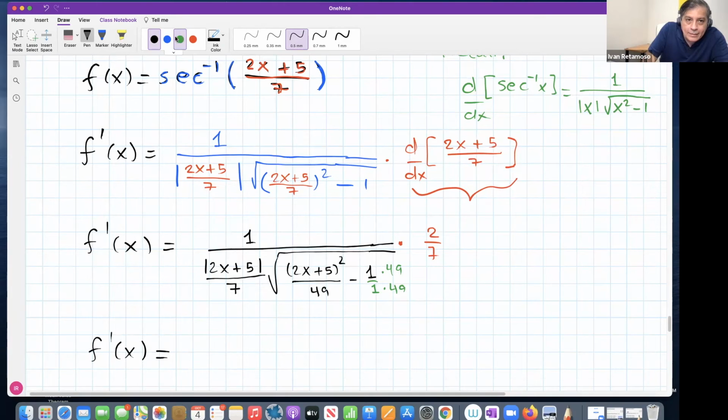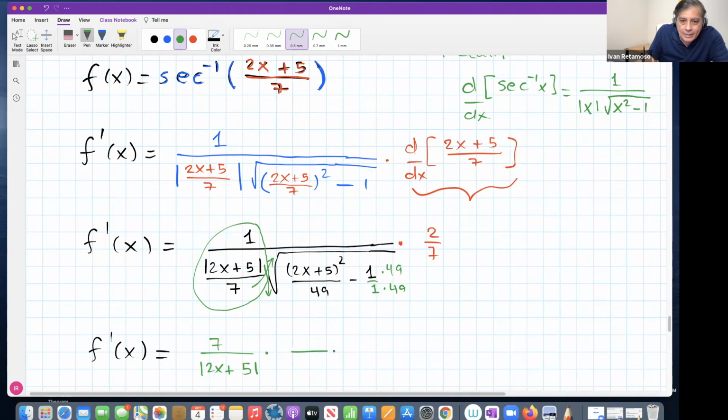Look at this guy. I'm going to show this. Look, 1 over this, remember? This up here, this down here, dividing by a fraction is equivalent to multiplying by the reciprocal of this fraction, right? So 1 times 7 over this. So that will be 7 over the absolute value of 2x plus 5 times this part.